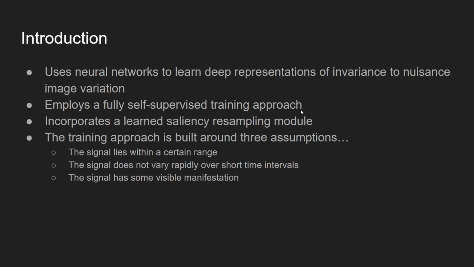And lastly, it is assumed that the signal has some visible manifestation, even if it is undetectable from the human eye, and that it is a dominant visual signal as well. So with these conditions met, it is possible to train a deep neural network to estimate the PPG signal of a subject from solely video of their face and entirely without ground truth training data.